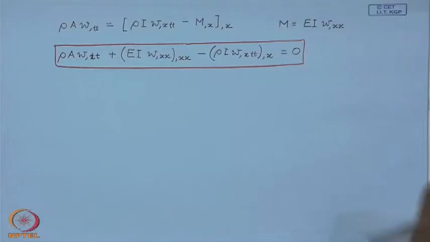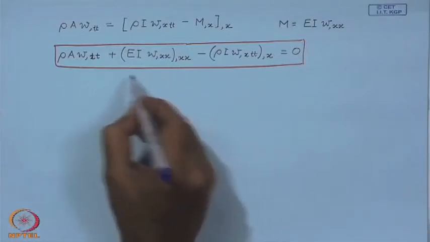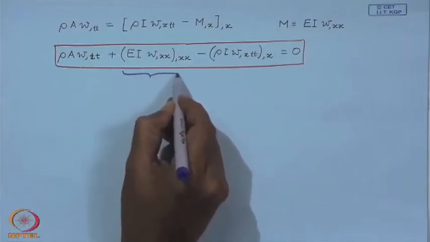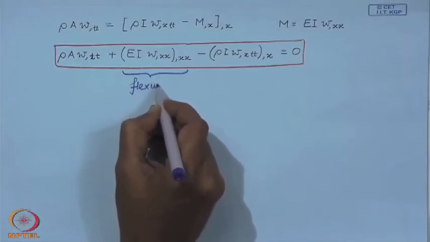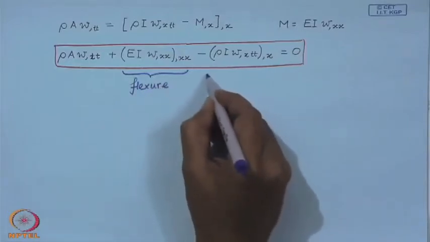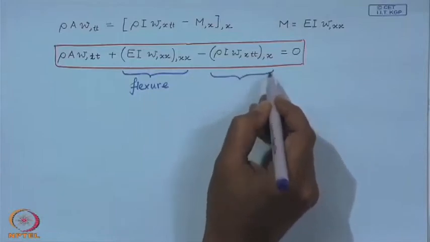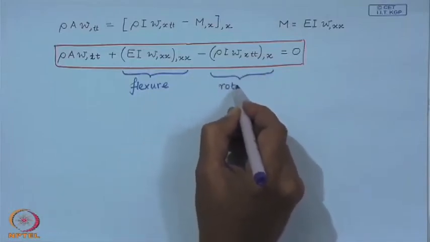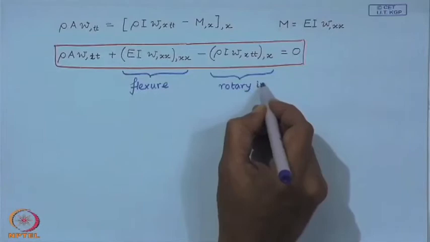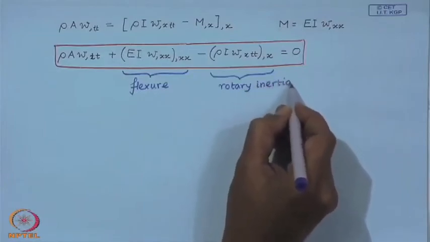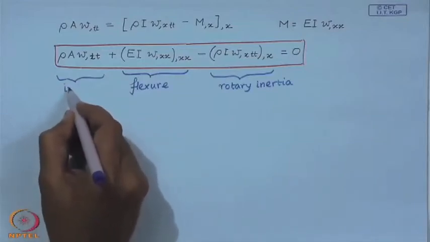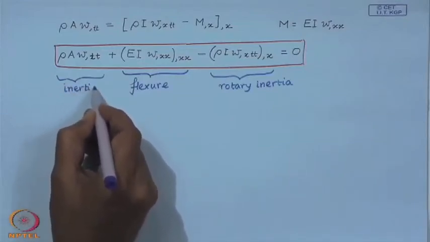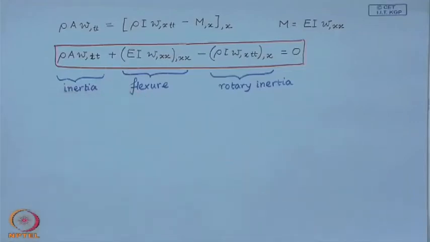Now, here this term is known as the flexure term, this term is the rotary inertia term, and this is the normal transverse inertia term, translational inertia term.